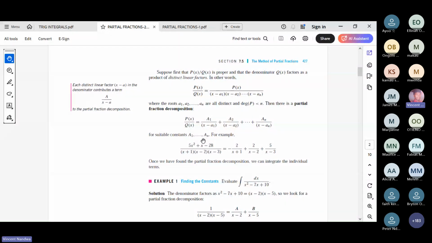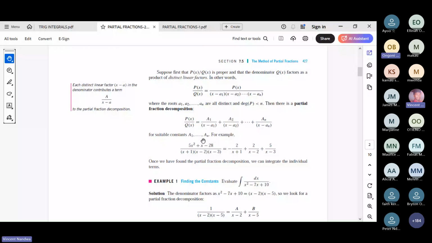Then plus, how many times does x minus 2 divide the LCM? X plus 1, x minus 3. So you'll write a2 into x plus 1 into x minus 3. Good.